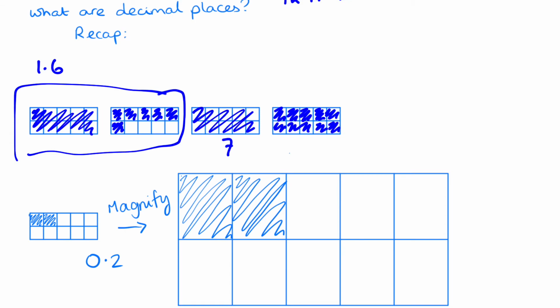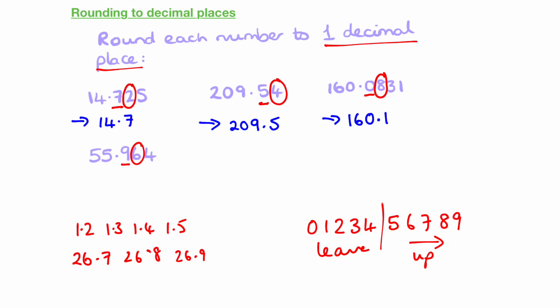So when we move 55.9 up one, or if we were moving 26.9 up one tenth, it goes 27.0.